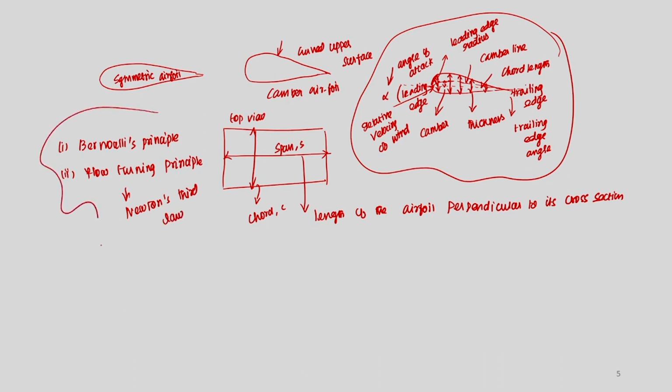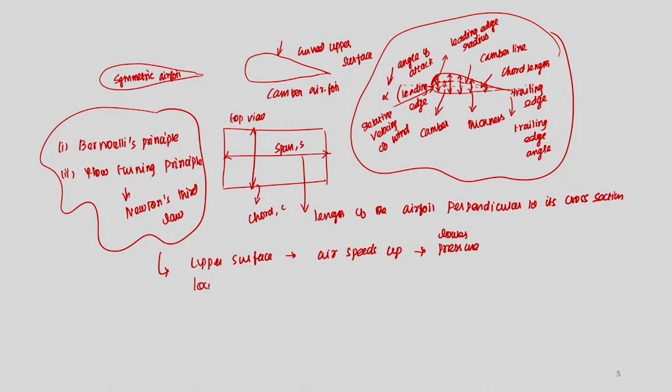So, by analyzing that, we came to know the upper surface of the airfoil. In the upper surface of the airfoil, air speeds up and pressure is reduced, or you can say lower pressure.